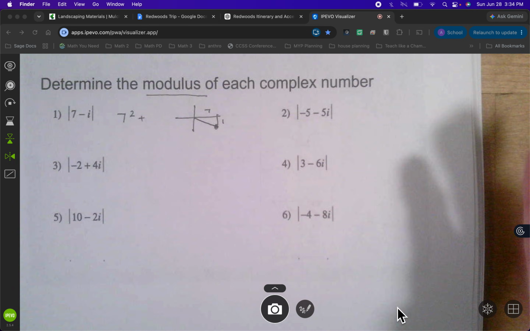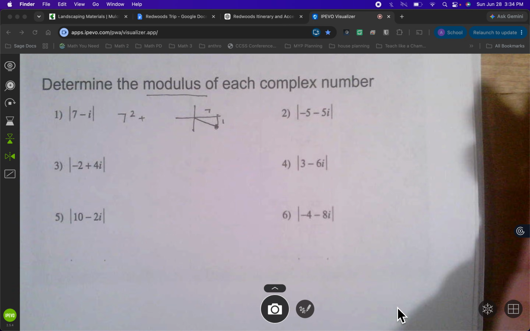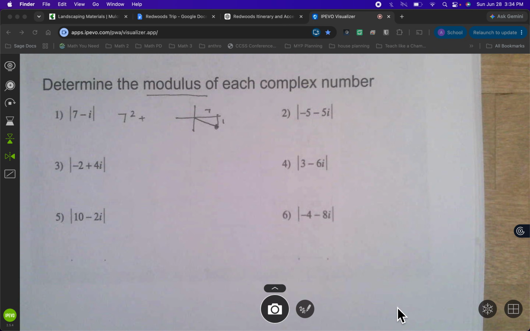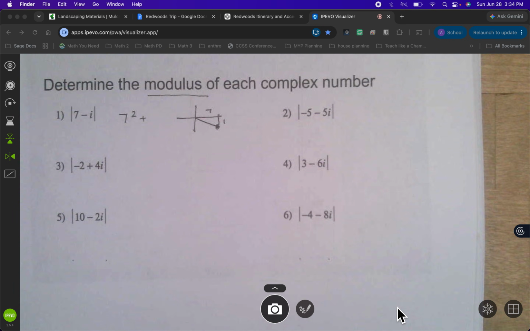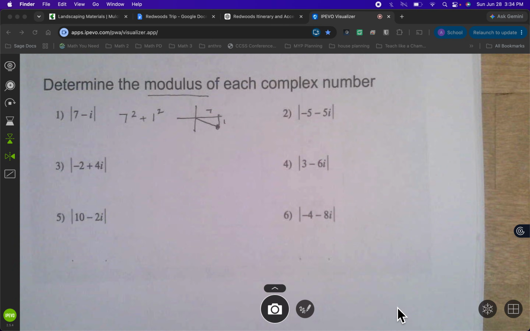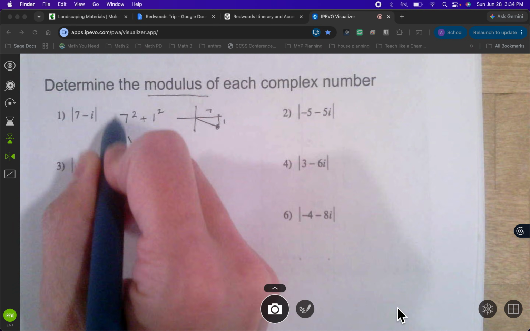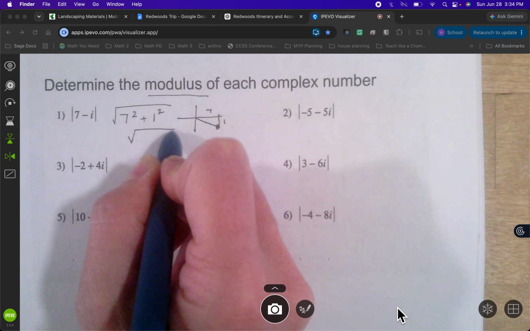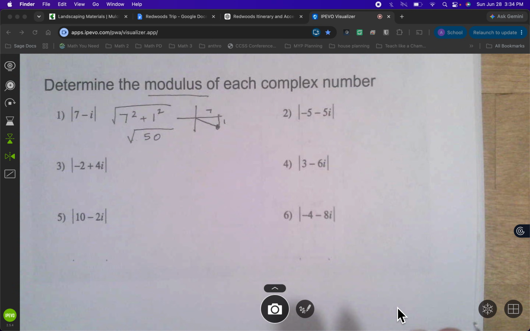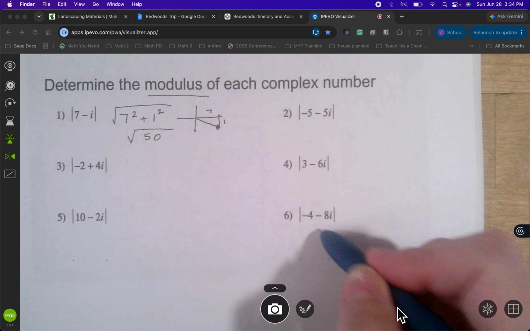Really you can ignore the negatives when you're thinking about modulus or magnitude when we're talking about vectors, because the positives and negatives are more indicative of direction than of length. So this would just be 7 squared plus 1 squared, which gives you the square root of 49 plus 1, which is 50.